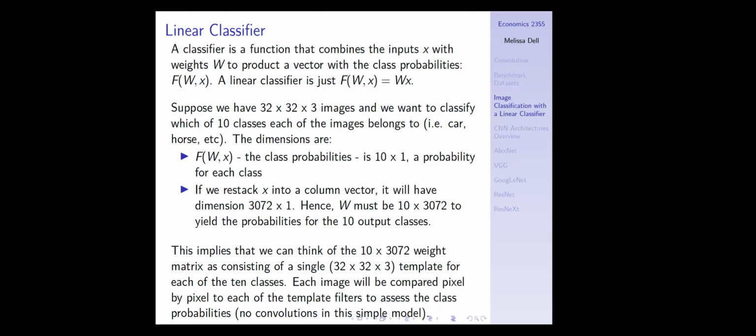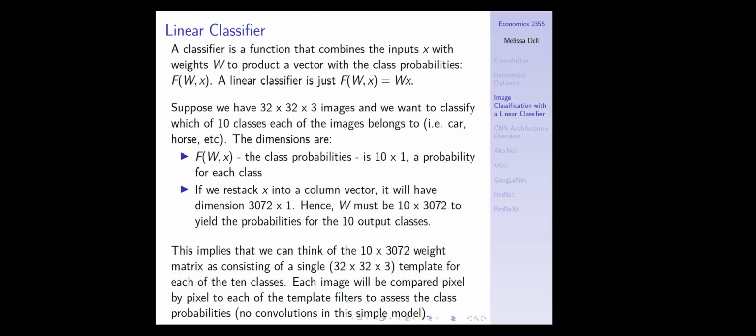This is taken straight from the CIFAR-10 data set I mentioned, where this was the task that the literature was focused on for a time. And so if we think about the dimensions of this, the output, f(W, x), is just a 10 by 1 vector. It's a probability for each of those 10 classes.